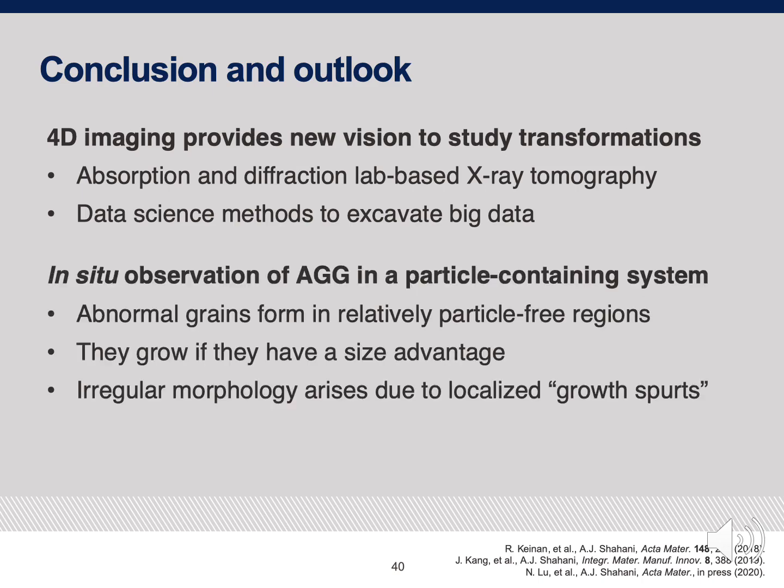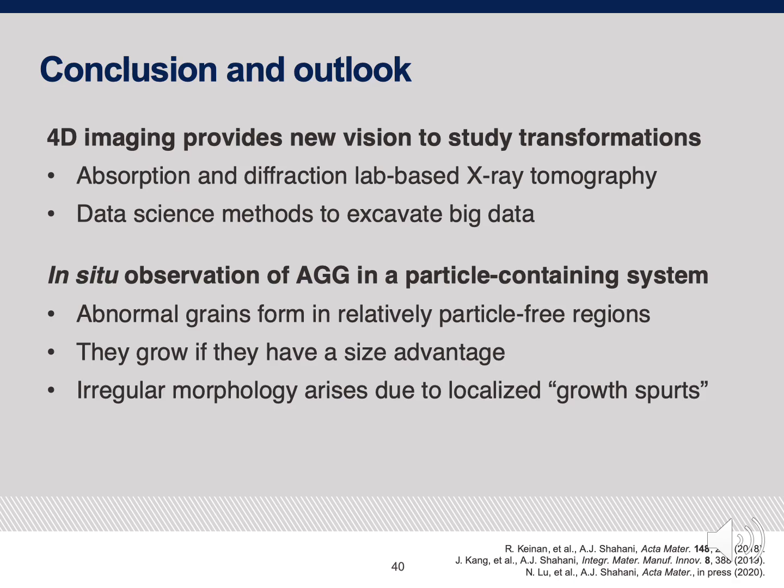We find that abnormal grains are located in relatively particle-free regions, and they grow if they have some size advantage. This is confirmed through our analysis of the grain trajectories as a function of time.